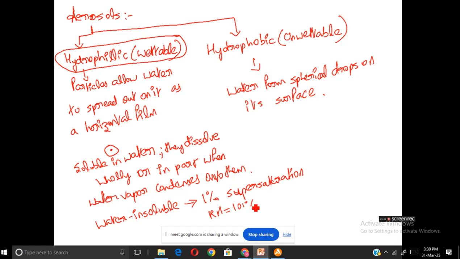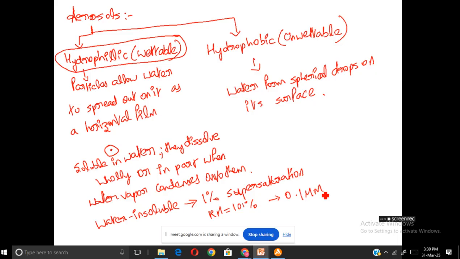Saturation is 100%. So 1% supersaturation means the relative humidity is 101%. So for a CCN at 1% supersaturation, completely wettable but water insoluble particles require a size of around 0.1 micrometer to act as CCN, for allowing water vapor molecules to condense on them.